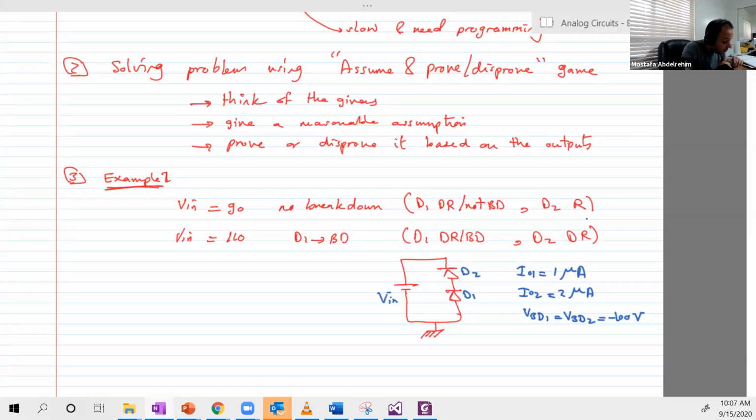We found that when V input is equal to 90 volts, D1 was in deep reverse, but not breakdown. And D2 was just reverse.